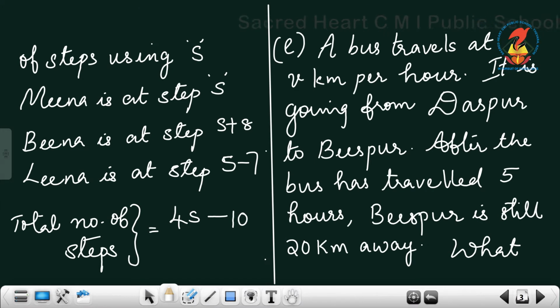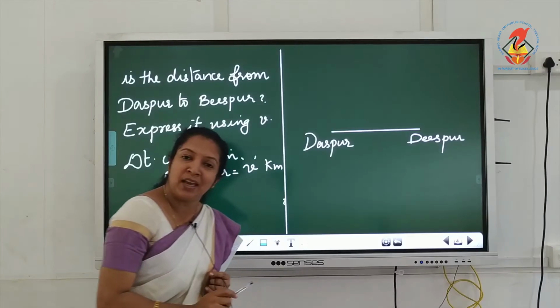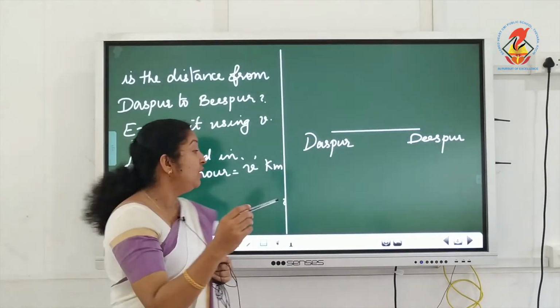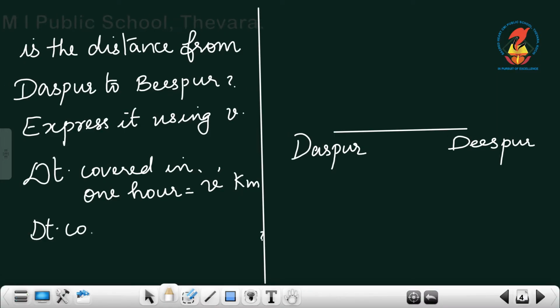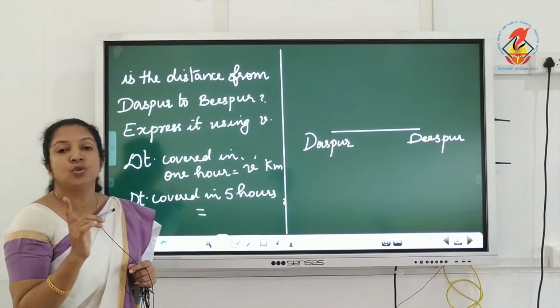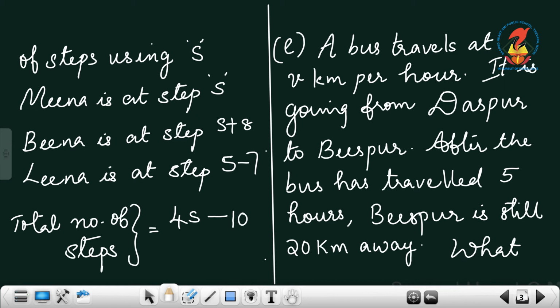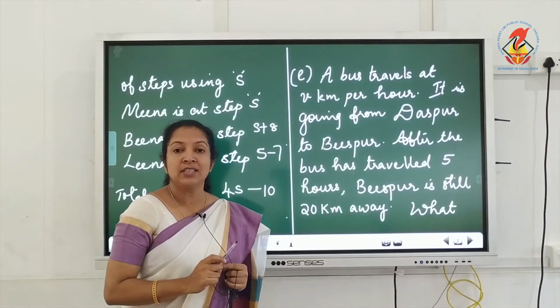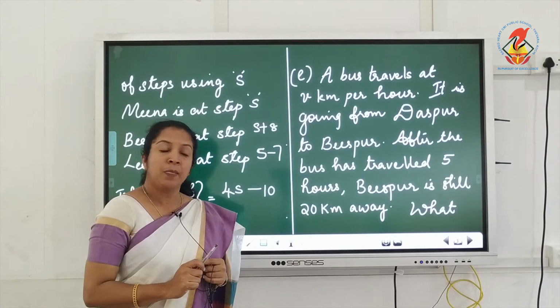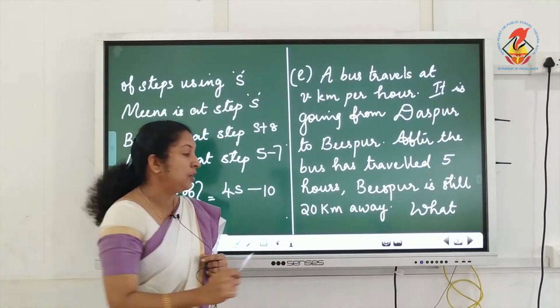After the bus has travelled 5 hours means the distance covered in 5 hours. Distance covered in 1 hour is V km, so in 5 hours it is 5 into V km, that is 5V km. After the bus has travelled 5 hours, Bispur is still 20 km away.